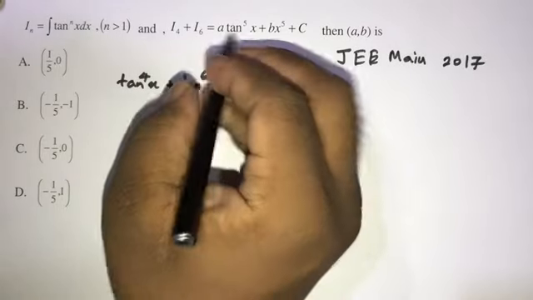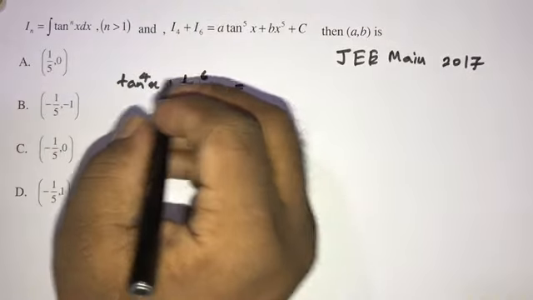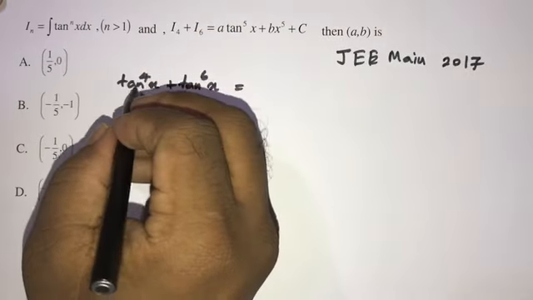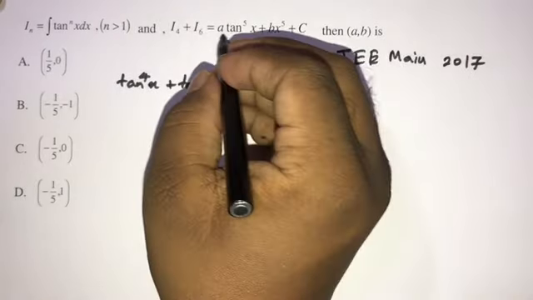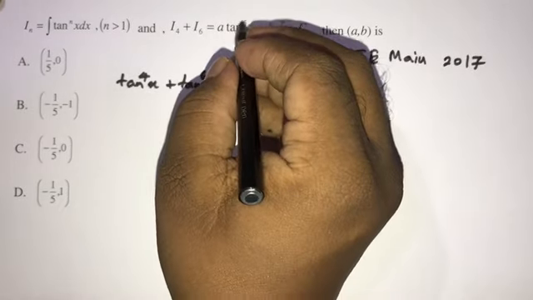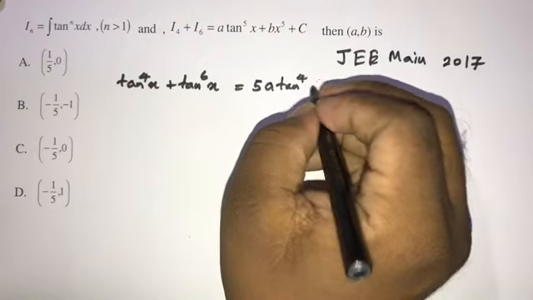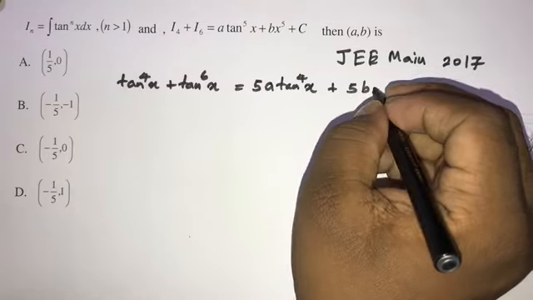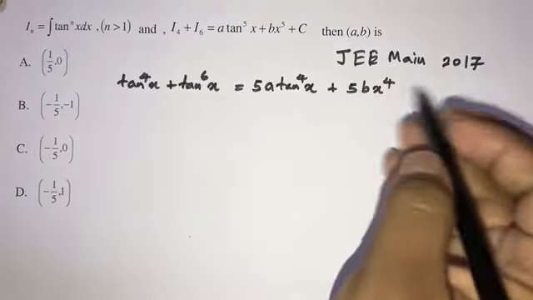So this is equal to, now I took the derivative of the LHS, so here we have tan to the 4th power of x plus tan to the 6th power of x, and now the derivative of this side, so a times tan to the 5th power, so 5 times a tan to the 4th power of x plus 5 times b x to the 4th power plus 0, because a is a constant.